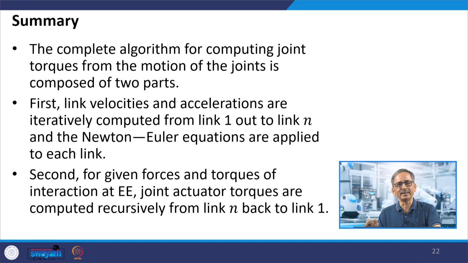And in the second part, for the given force and torque of interaction at the end effector, we calculate the joint actuator torque, okay. Again, that is done recursively, that is from the last link back to link 1, okay.